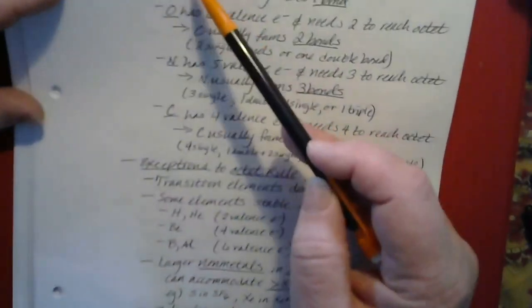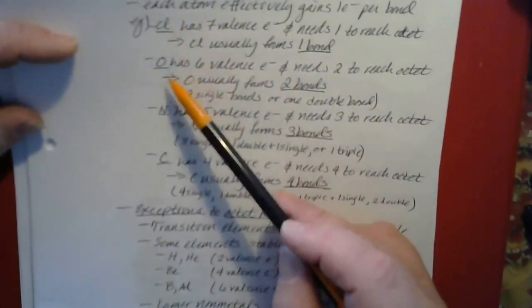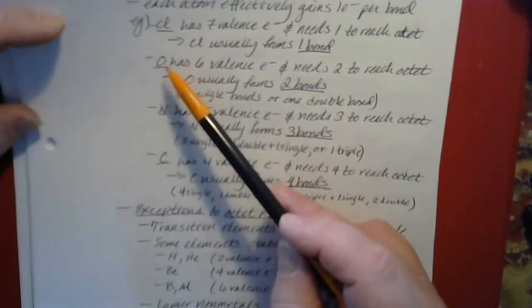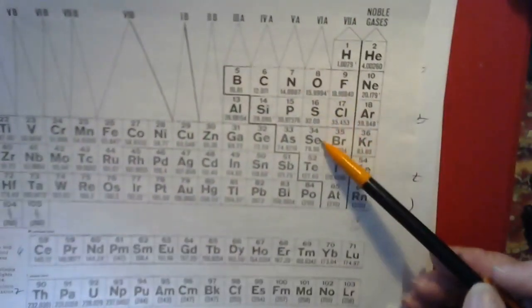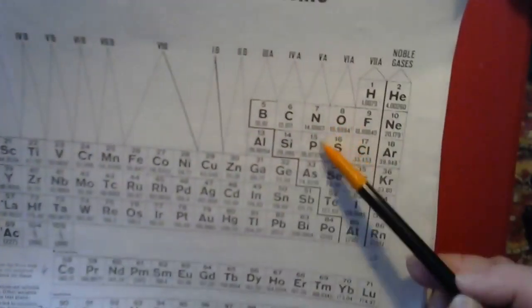So what I said about chlorine applies not only to chlorine, but also fluorine and bromine and iodine. And what I said about oxygen applies not only to oxygen, but also to sulfur and selenium and tellurium. And what I said about nitrogen also applies to phosphorus and arsenic.